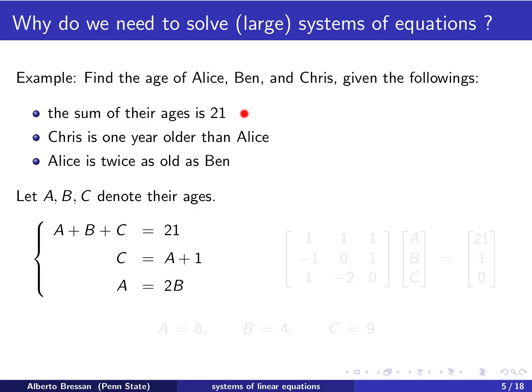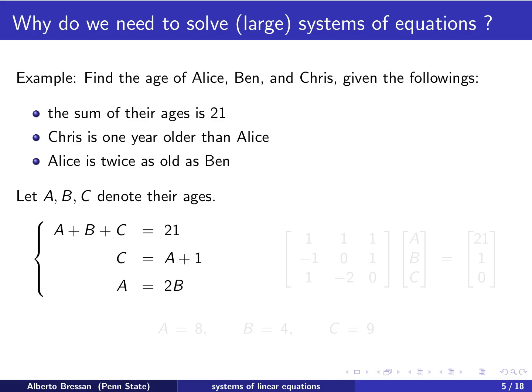The first one says the sum of their ages is 21. That means A plus B plus C is 21. The second one says Chris is 1 year older than Alice, so C is Alice's age plus 1. And the third one says Alice is twice as old as Ben, so A is 2 times B.